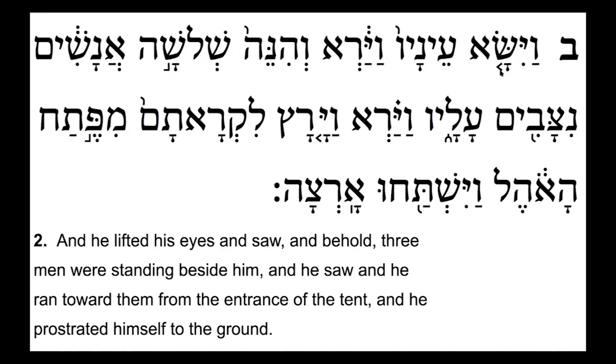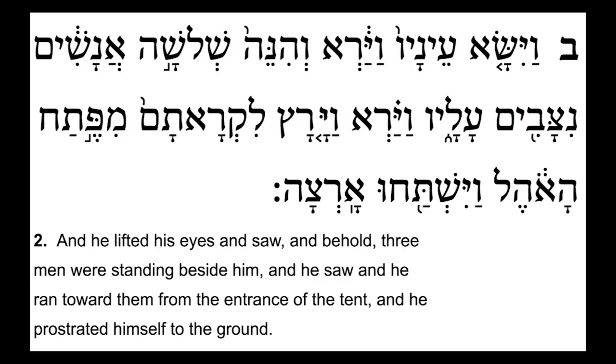So Vayisa means and he lifted, or and he took. Vayar is and he saw. And Vayaratz is and he ran. So the yud part in all those verbs means he. Often when there's a yud at the beginning, you will know that it's he.